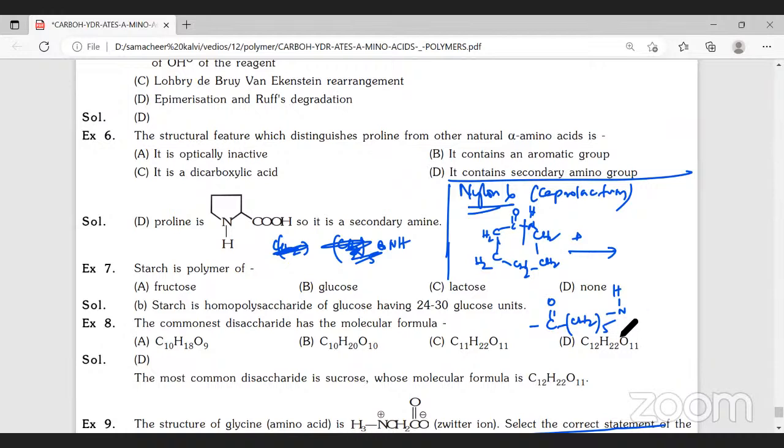Again, this NH will be bonded by another caprolactam unit, C double bond O, CH2 five times, NH. It goes on. This is the structure of nylon 6. They can ask you what is the monomeric unit in nylon 6. It is caprolactam. Caprolactam on heating with traces of water at high temperature, nylon 6 is formed.